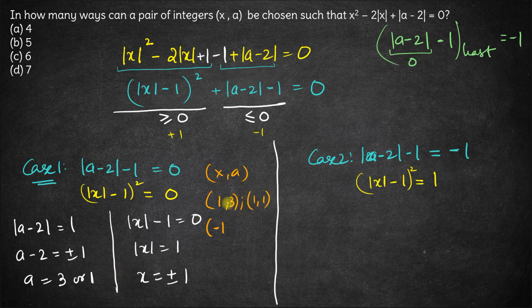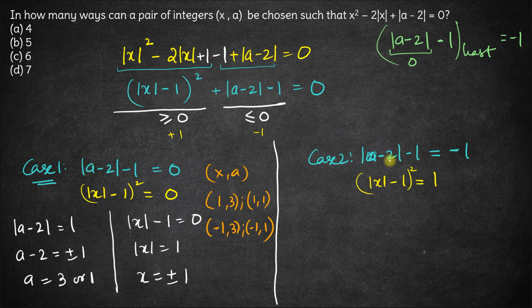So x comma a will be 1 comma 3 or 1 comma 1 when x is 1. And if x is minus 1, again a can be 3 or 1, giving minus 1 comma 3 and minus 1 comma 1. So we have 4 possible combinations of x comma a from this case.